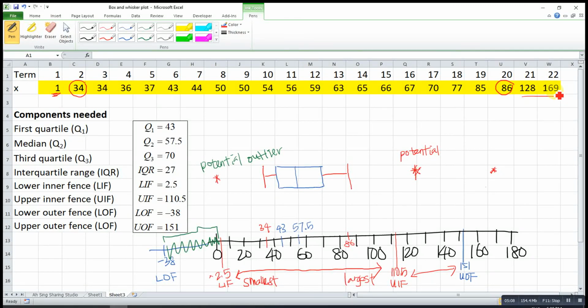And 169 is out of this range already, so definitely an extreme outlier.